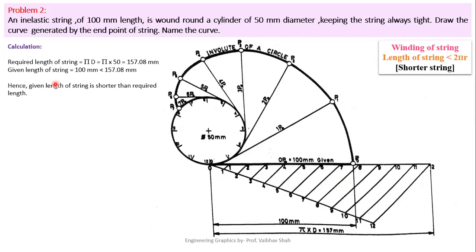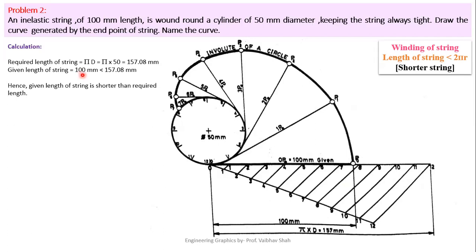So let us first calculate the two lengths. First, the required length of string, which is nothing but the circumferential length of your circle, which is pi d, equal to pi into 50, because our given diameter of the cylinder is 50 mm. So let us put 50. You will be having 157.08 mm. Now the given length of string, it is obviously given, an inelastic string of 100 mm length. So we'll be taking 100 mm as our given length.